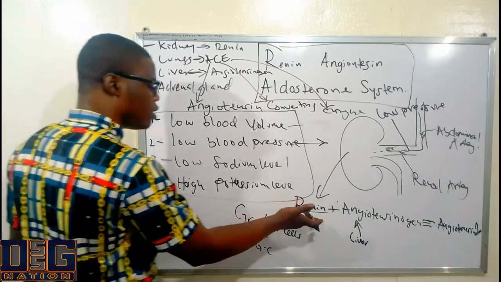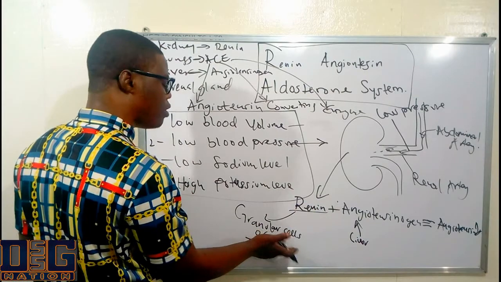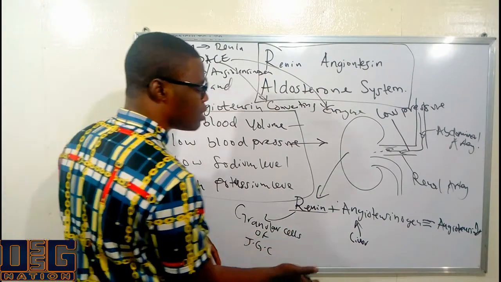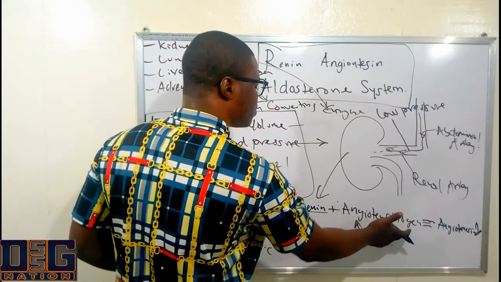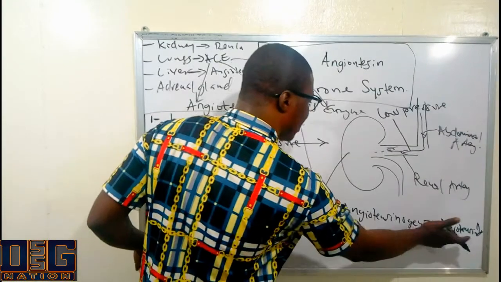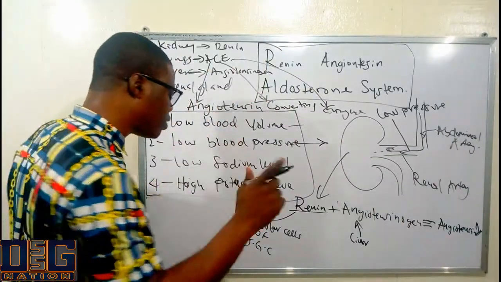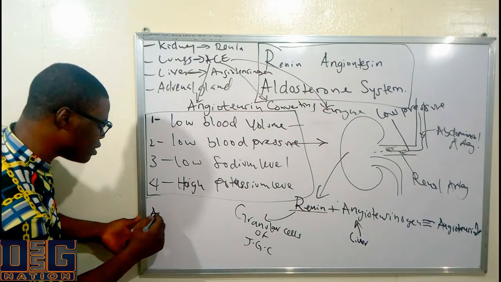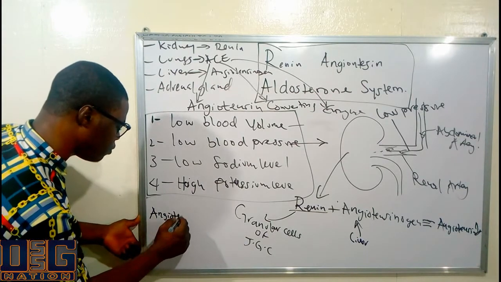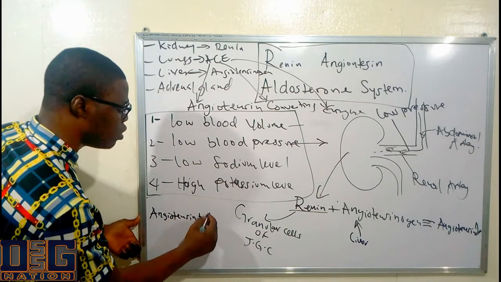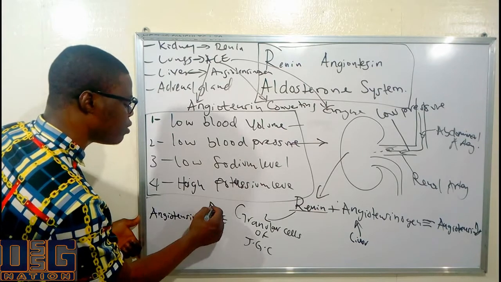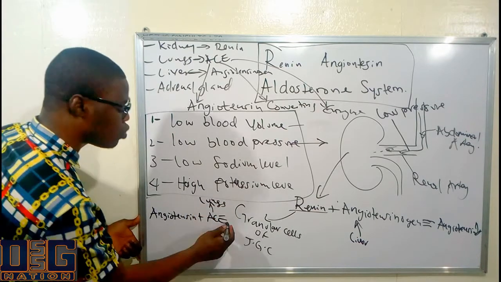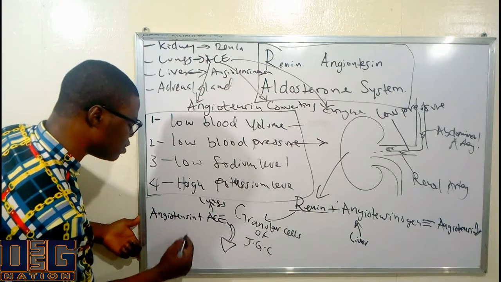Now don't forget, renin produced by the granular cells of the juxtaglomerular complex is going to react with angiotensinogen from the liver, and it's going to produce angiotensin I. So what will happen next? The angiotensin I is going to react with ACE, which is coming from where? From the lungs, and it's going to convert it into what we call angiotensin II.